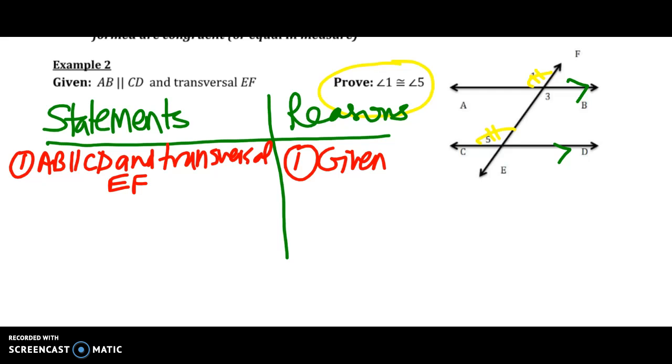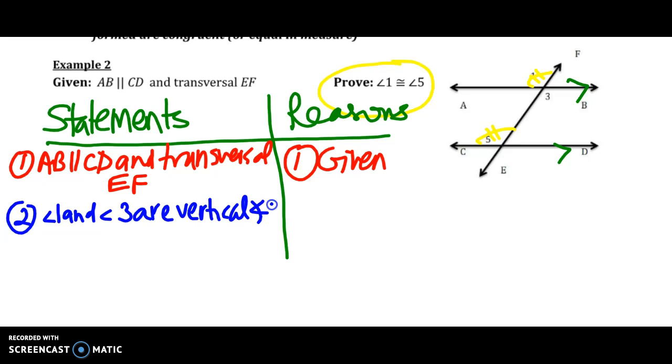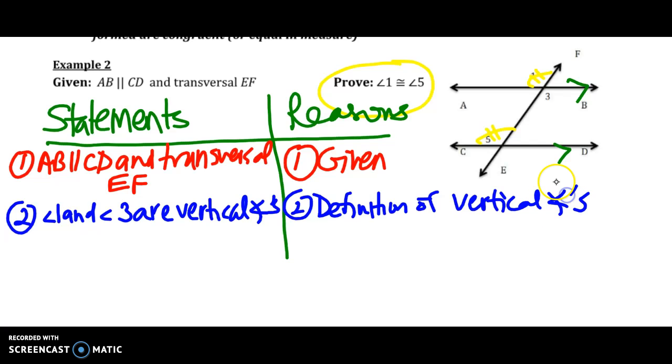Okay, what can we say next? We can see that angle 1 and angle 3 are vertical angles. Definition of vertical angles. And we know that a property of that is that they're congruent.